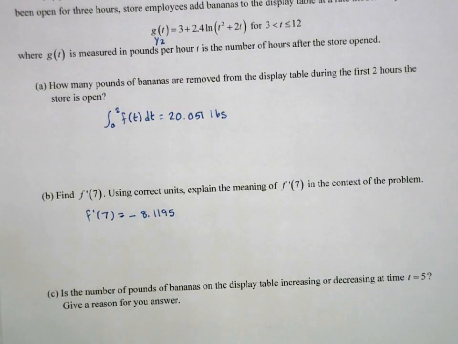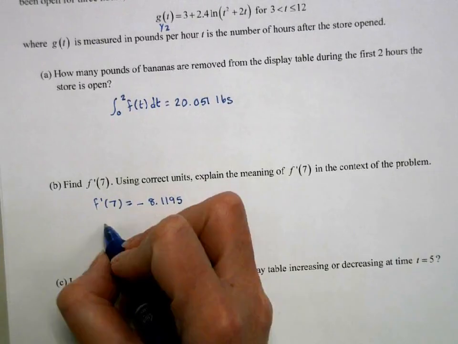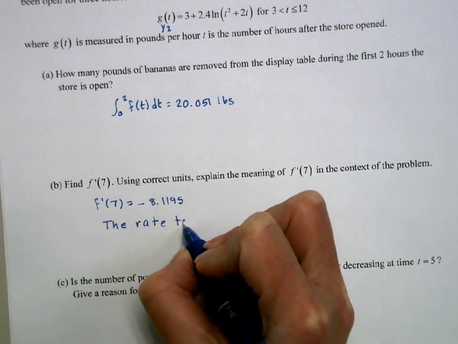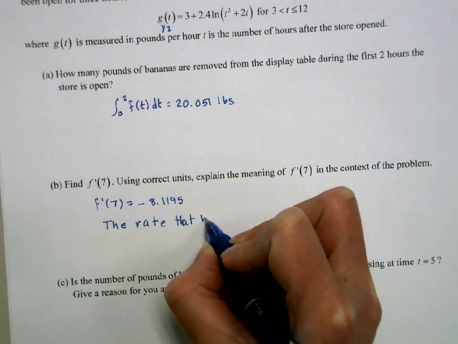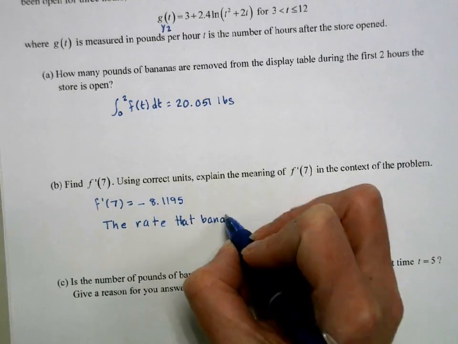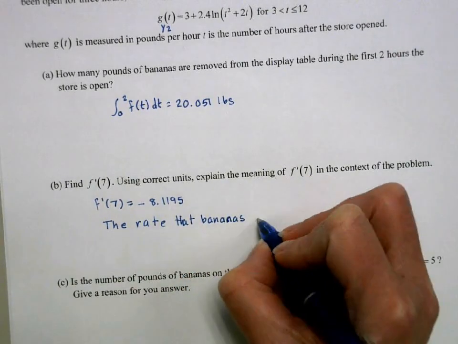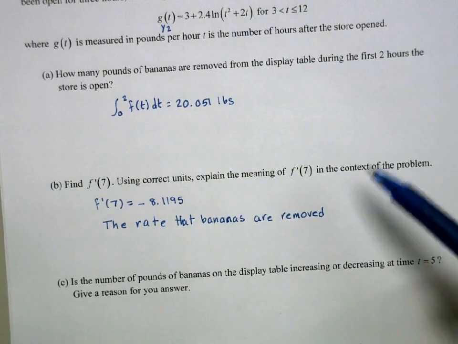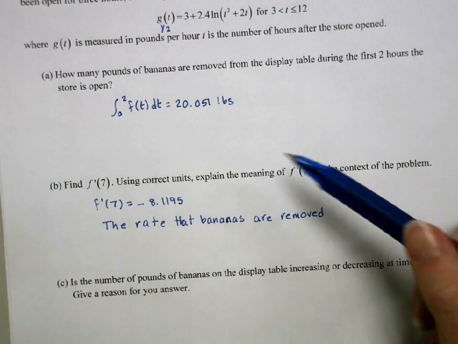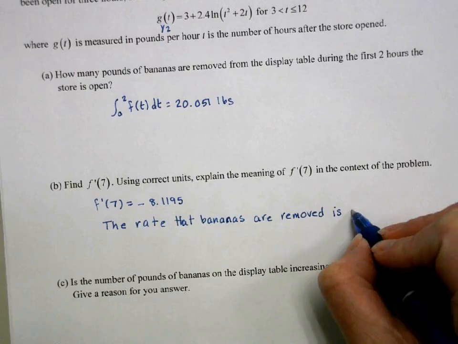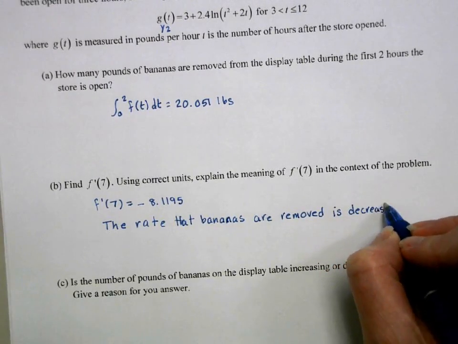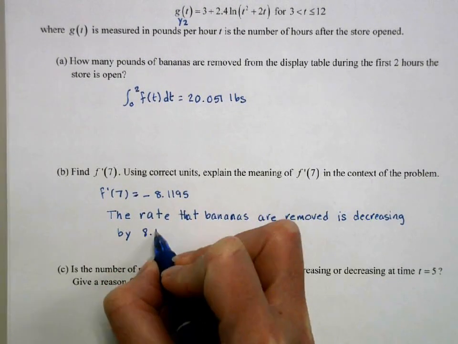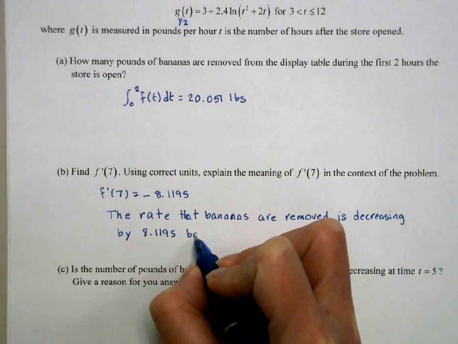So we've done one similar already. The rate that bananas are removed is changing by negative 8.1195, or we can say it is decreasing, because it is negative, by 8.1195 bananas per hour.